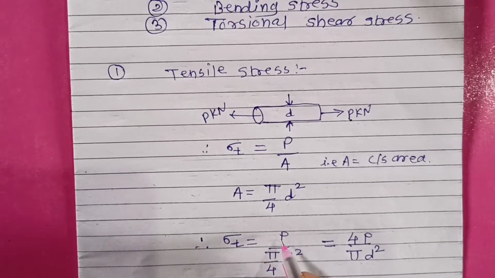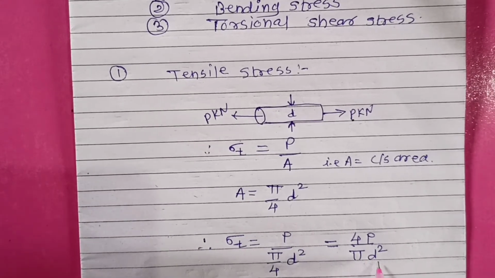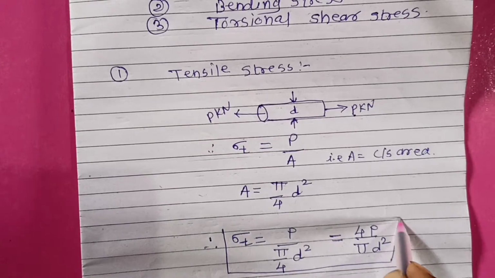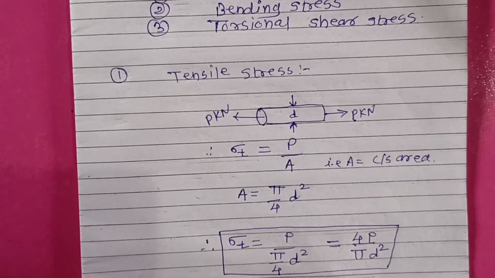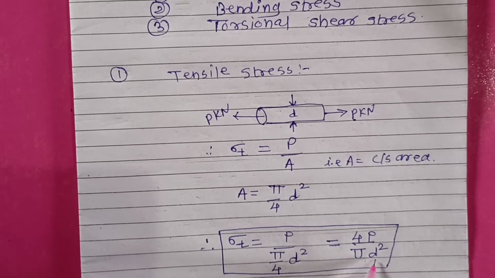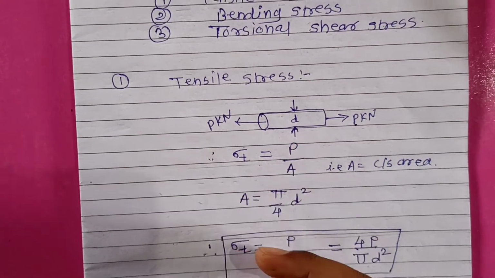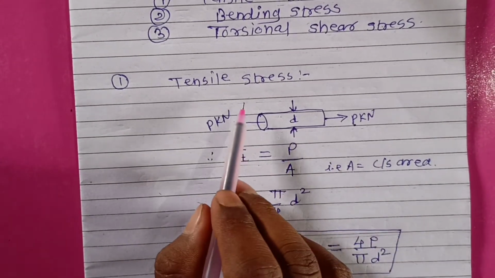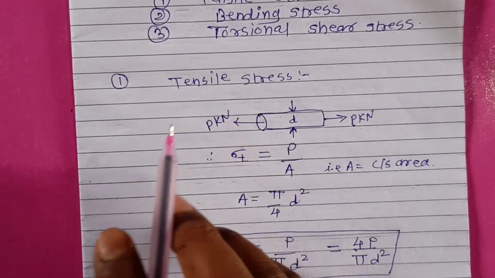The denominator is the denominator, and 4P is the numerator. This is the formula for tensile stress. Now in design of the shaft, we want to calculate only d. d is nothing but the diameter of the rod. This is the first criteria, or the first design process. It is based on the tensile stress.